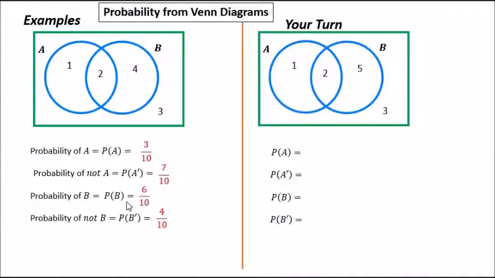The probability of picking from B, 4 plus 2 is 6, so that's 6 out of your 10 altogether. The probability of not picking B, or the probability of the complement of B, is 3 plus 1, which is 4, out of 10 altogether.